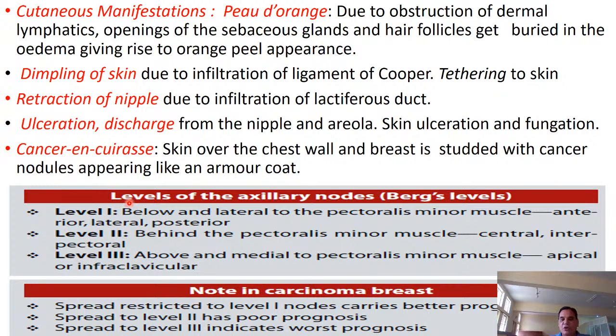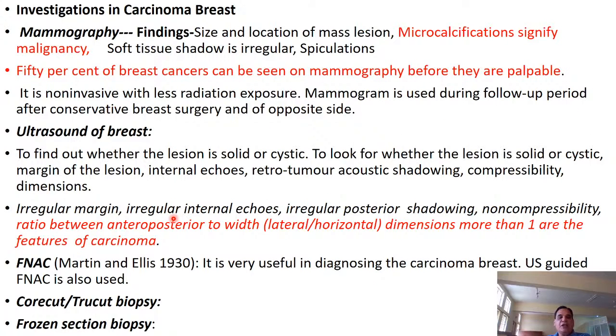So again, levels we have just now discussed, they are called Berg's levels: Level 1, 2 and 3. So these are a must, 1, 2, 3, simple. And usually, again I told you, spread to level 1 is better prognosis, spread to 2 bad prognosis and spread to 3 worse prognosis. So lymphatics and clinical condition give rise.